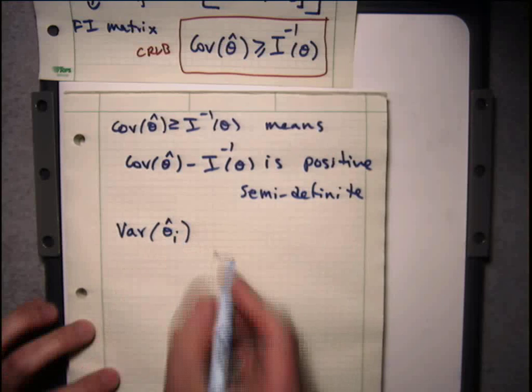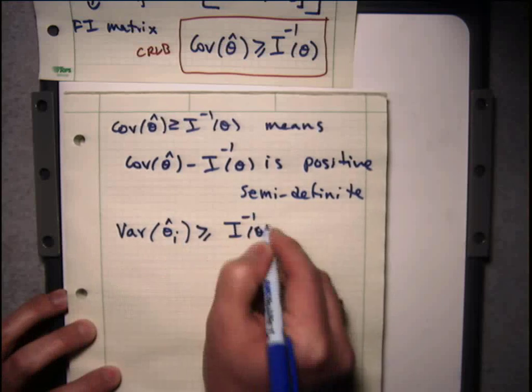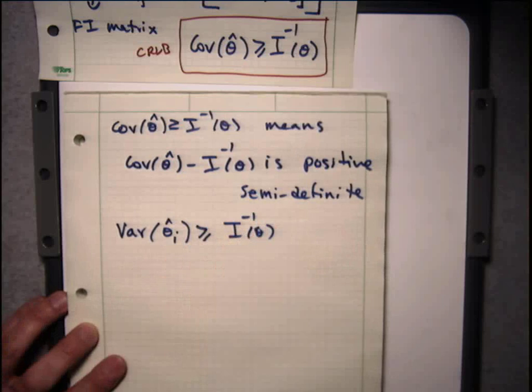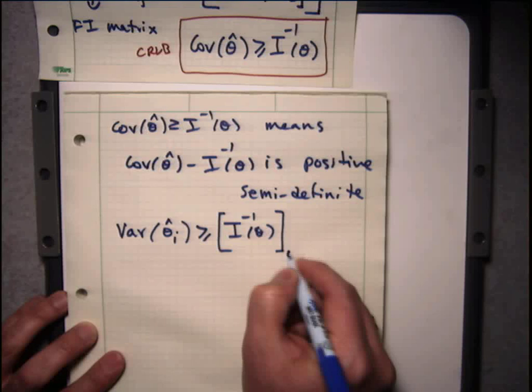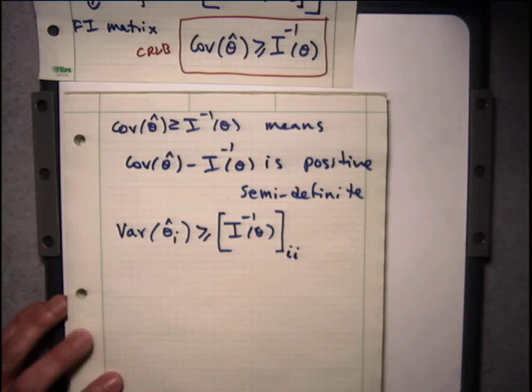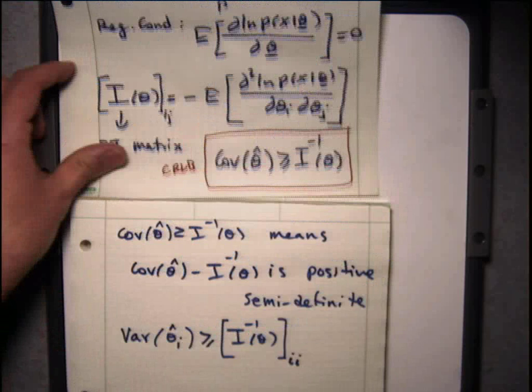Well, you compute the inverse of the Fisher information matrix, then you pick its ith diagonal element.